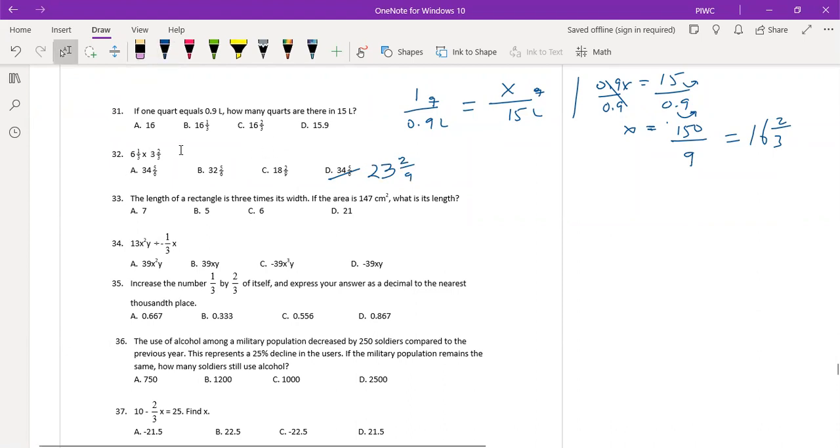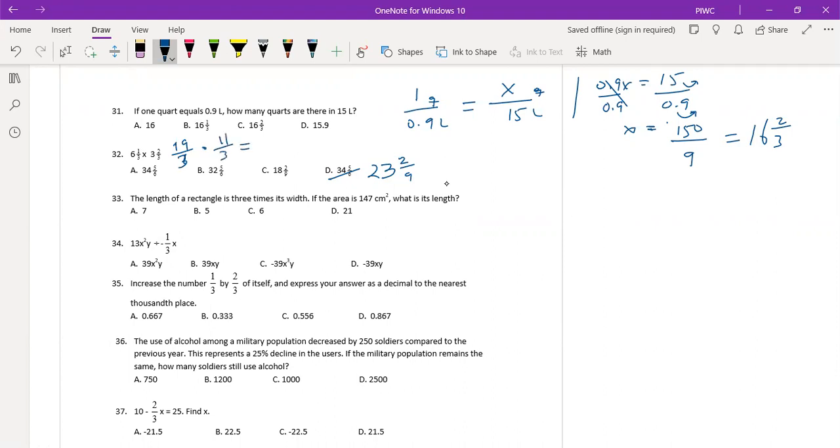So here you're multiplying two fractions. When you're multiplying fractions, remember you change mixed numbers to improper fractions first, before you multiply. So 6 1/3 will be 3 times 6 plus 1, so that's 19/3, times 3 times 3 is 9 plus 2, so it's 11/3.